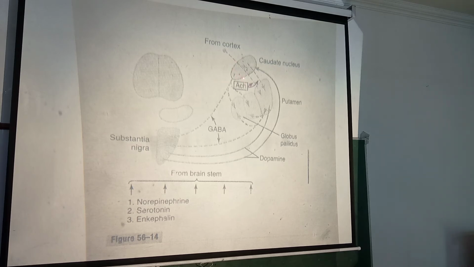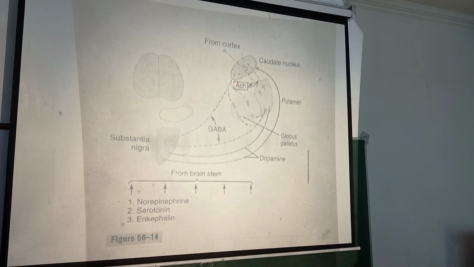So corticostriate fibers are cholinergic. These release acetylcholine at the nerve endings.